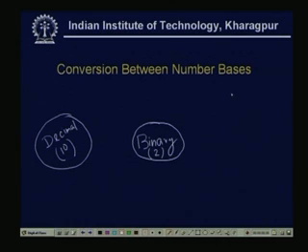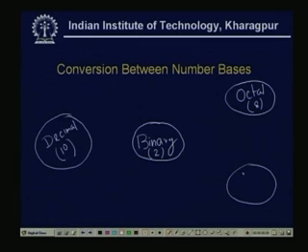Just now we have read another 2, the octal number system, where the base is 8, and the hexadecimal, where the base is 16. So, conversion means I can do decimal to binary. That means, given a decimal number, I can convert it to binary, and vice versa. If a binary number is given, then its decimal is also possible.